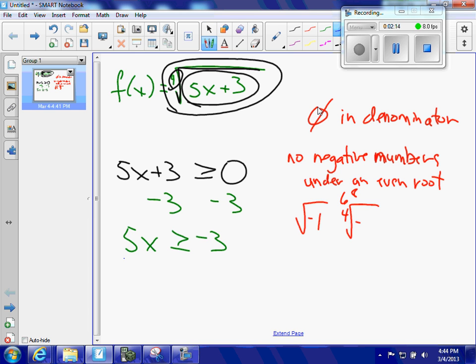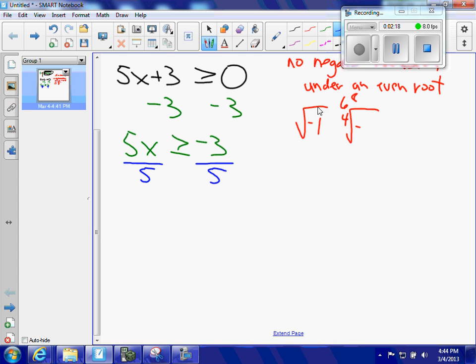And then I'm going to divide both sides by 5. And I get x has to be greater than or equal to -3/5. That is my domain. So if I write my domain like that, I would write -3/5, comma, infinity.